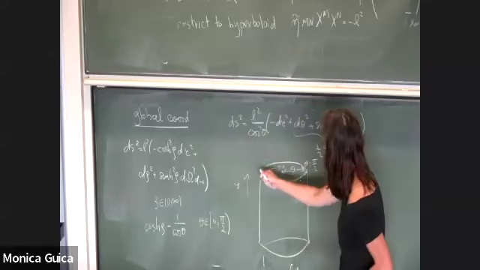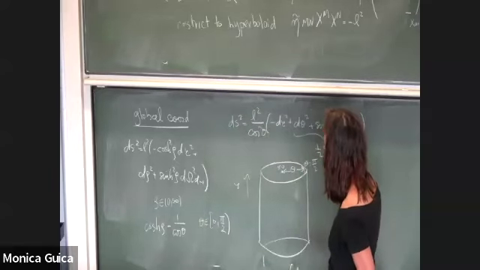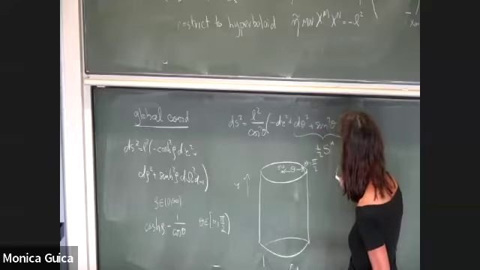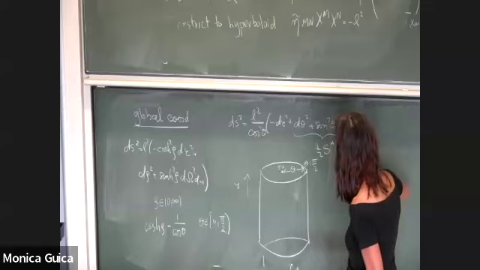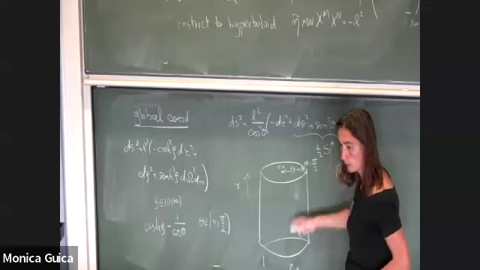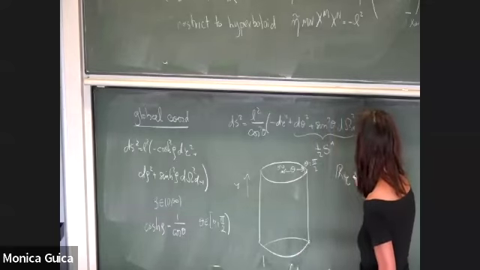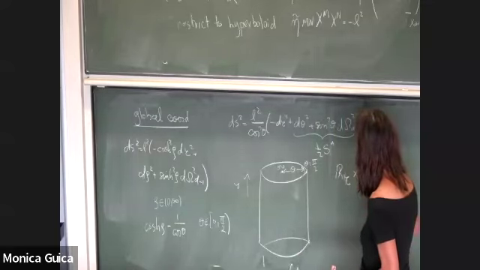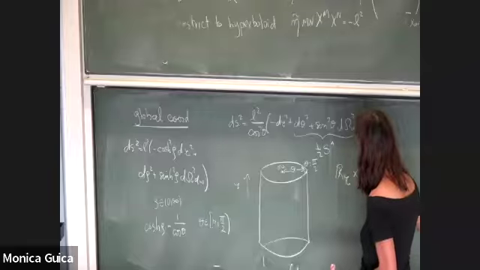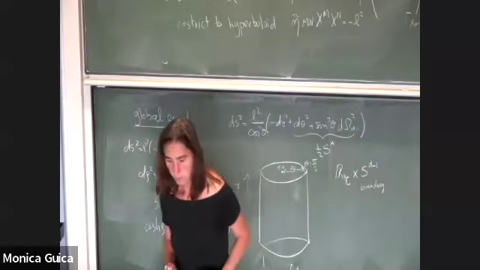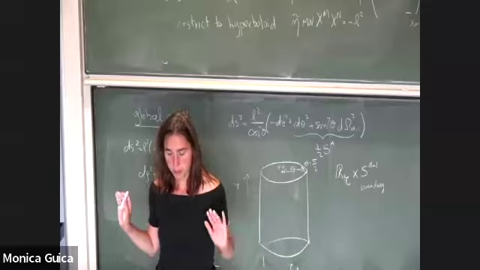Well, the boundary of this manifold, I'm just taking theta going to pi over 2, so it's going to be R around tau, because it's still infinite along this direction, times S^(d-1). Are people happy with this?